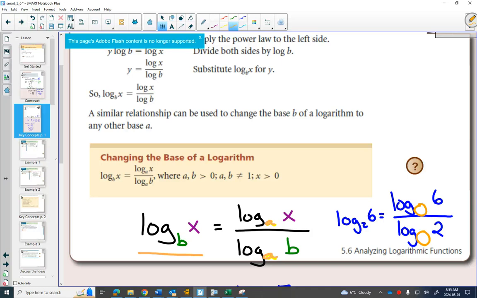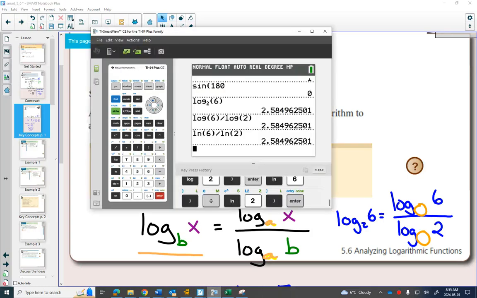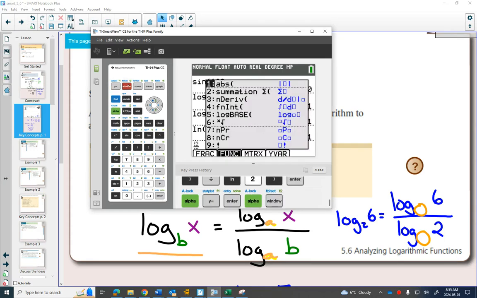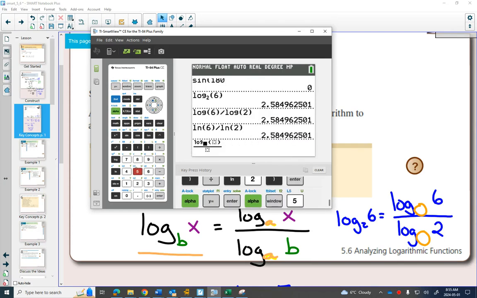So most common is 10, or e. If it's 10, you use your log button. If it's e, you use your natural log button, and they'll get you the same answer. But I could put anything in there, log base 123456.